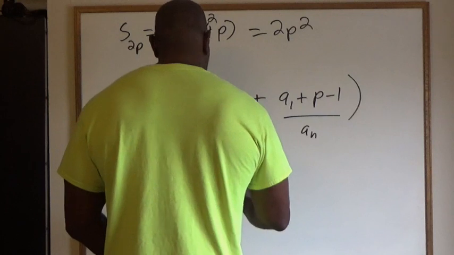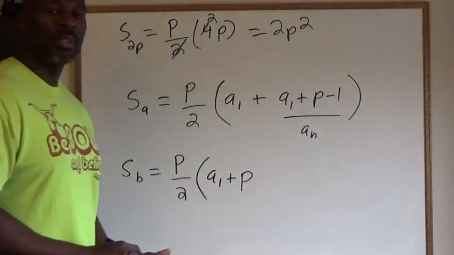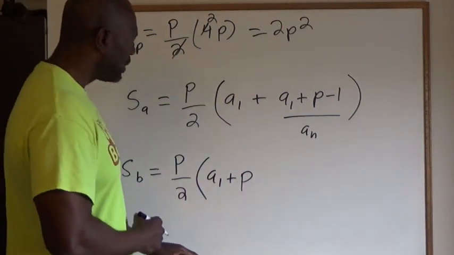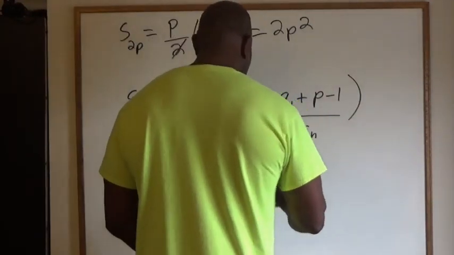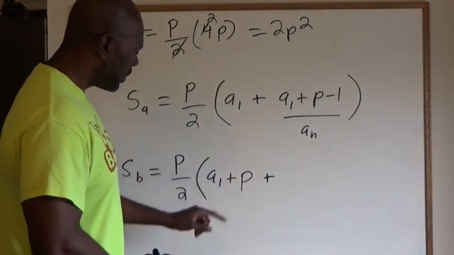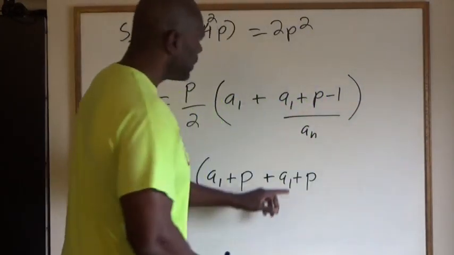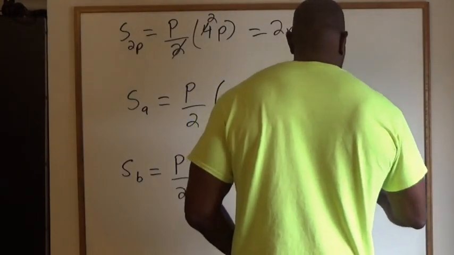So A1 plus p. That's my A1 for the next partition. And again, to get the AN, I simply take my A1, which is A1 plus p, and I add to it p minus 1. So plus p minus 1.